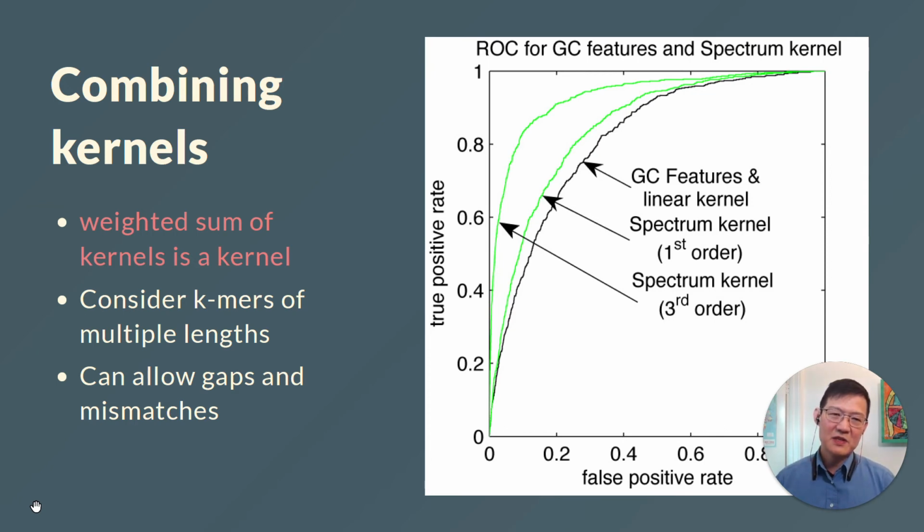If you use a spectrum kernel, you get a slightly better result. And if you look at substrings of length 3, you get an even better result.